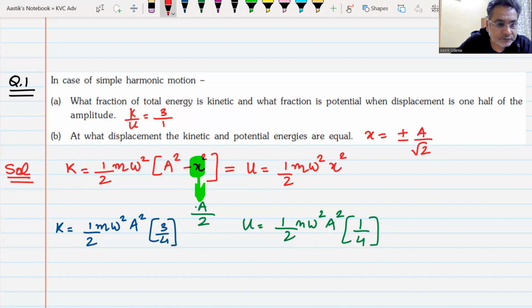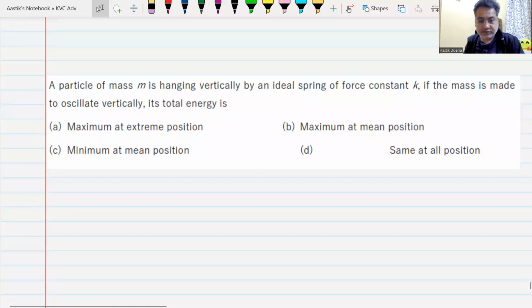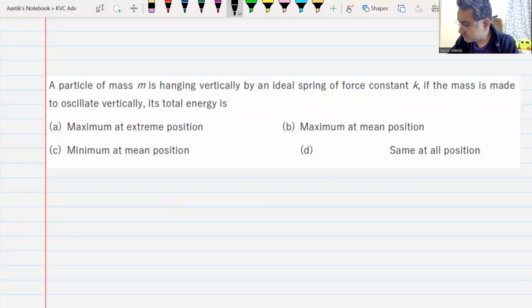Quick question, give me a quick answer. Question number 2. A particle of mass m is hanging vertically by an ideal spring.